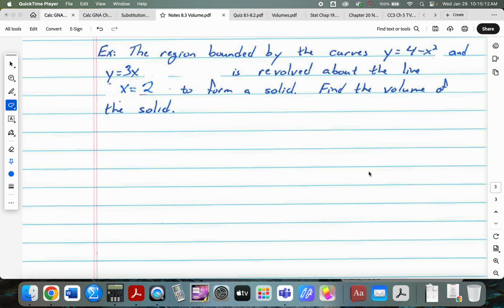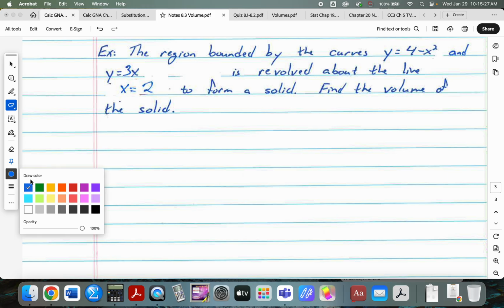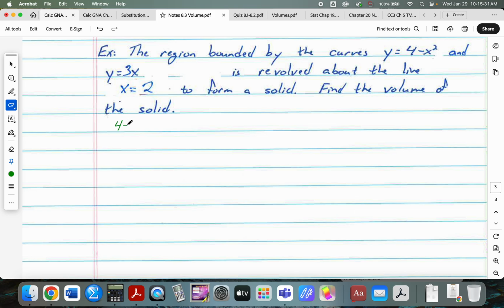All right, since they didn't give me where to start and where to end, I am going to do two things. I'm going to sketch it, and I'm also going to find where these two things intersect. I'll find the intersection first. It doesn't really matter which you do first. So 4 minus x squared is equal to 3x, which means that 0 is equal to x squared plus 3x minus 4.